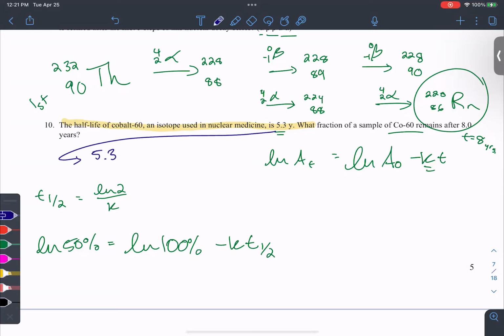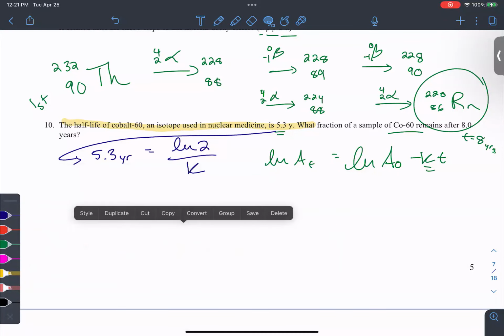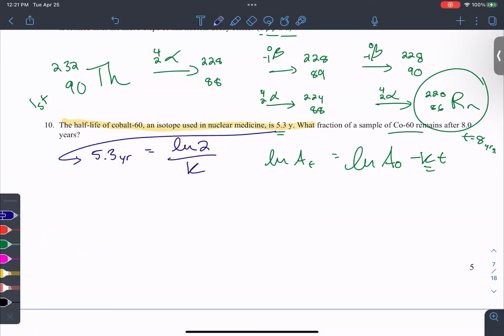So 5.3 years is my t1/2 equals natural log of 2 over k. And so that should allow me to calculate what k is. I think in the supplemental handout, natural log of 2 is equal to 0.693. I just like to write natural log of 2 because that 2 is significant. It's, again, solving the integrated rate law.